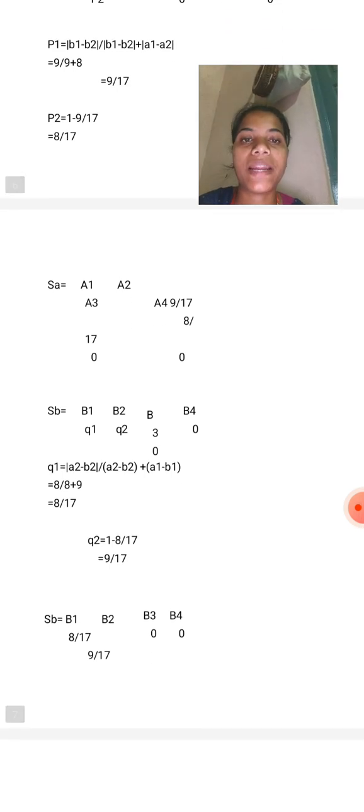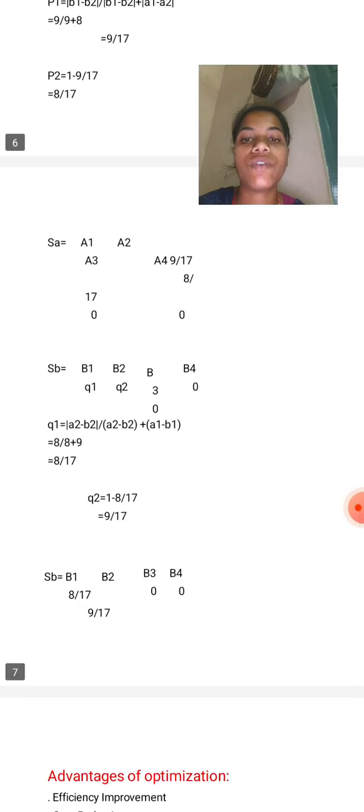So again same like how we calculated SA, SB is also calculated, that is B1, B2, B3, B4, that Q1, Q2, and B3, B4 become 0. Q1 is calculated as mod of (A2 minus B2) by (A2 minus B2 plus A1 minus B2). This is the formula to calculate the Q1, that is 8 by 8 plus 9, that becomes 8 by 17.